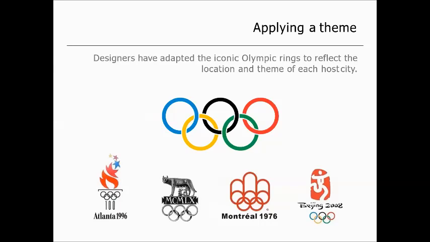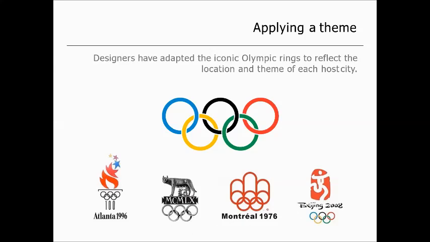Now, applying a theme, designers have adopted the iconic Olympic rings to reflect the location and theme of each host city. For example, here in Atlanta, you can still see the Olympic logo. However, it has been incorporated with the city, the location where the event takes place.